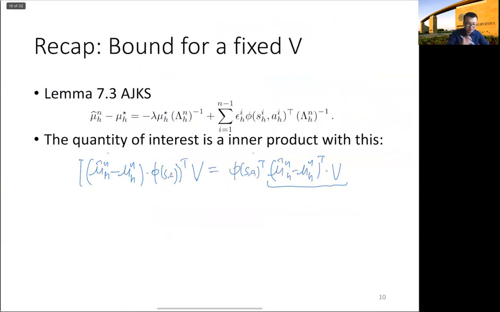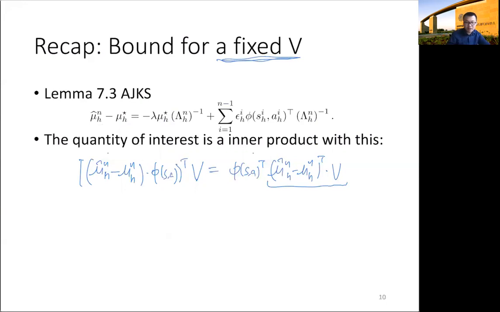Okay, that is the reason why we need this, and by substituting this into the quantity of interest, let's consider just bounding a fixed V. Let's for the moment ignore that F is a big function class that contains an infinite number of functions.